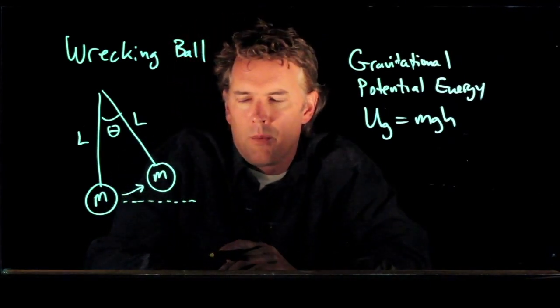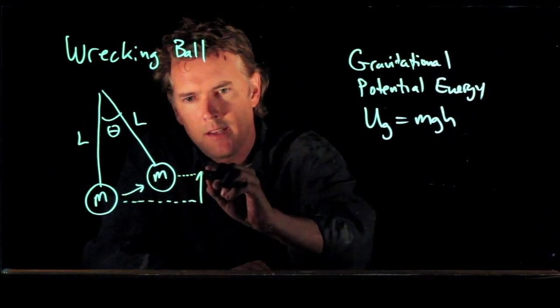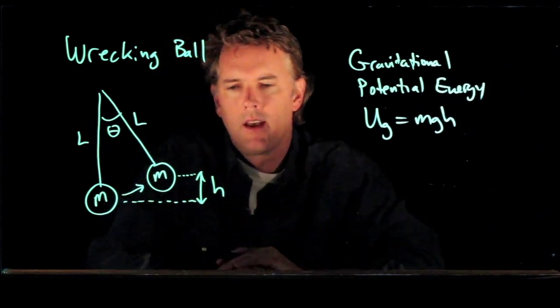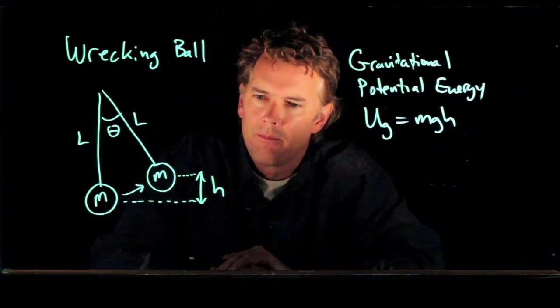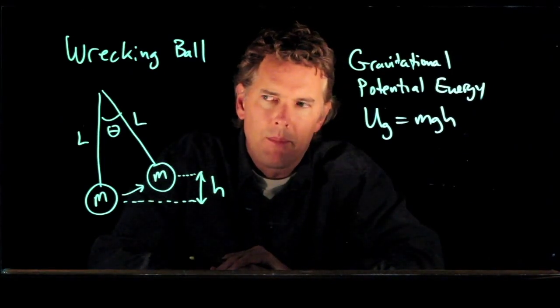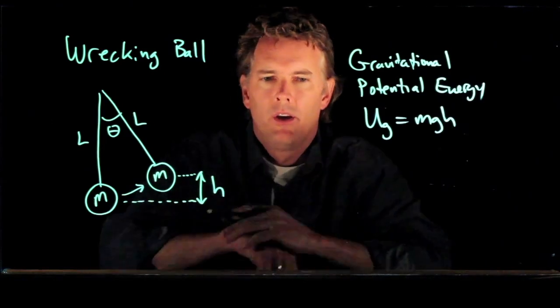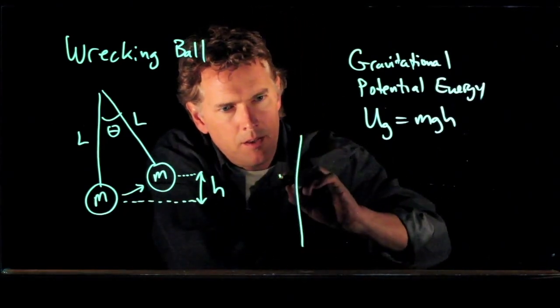And if we put our reference point right there, then h is this height right here. How much higher is it than at the bottom of its swing? All right. How do we calculate that based on these variables? Well, let's look a little closer at this triangle.